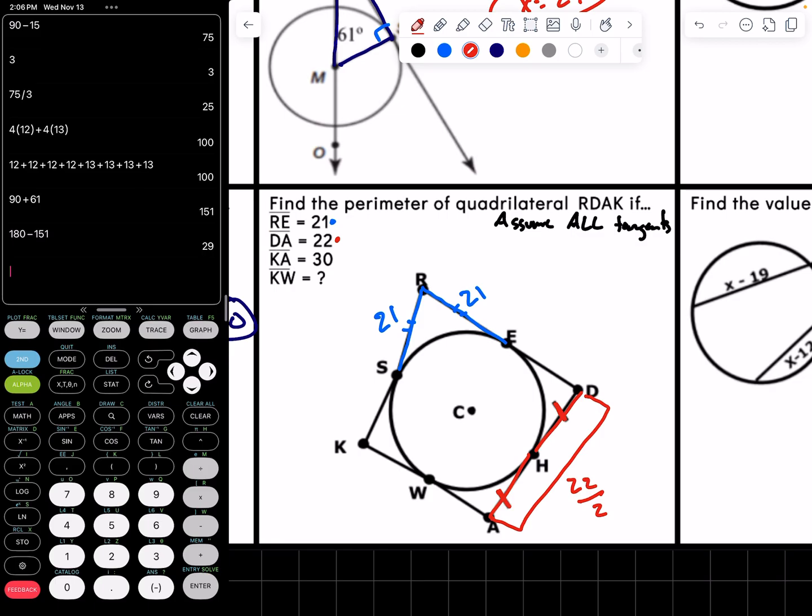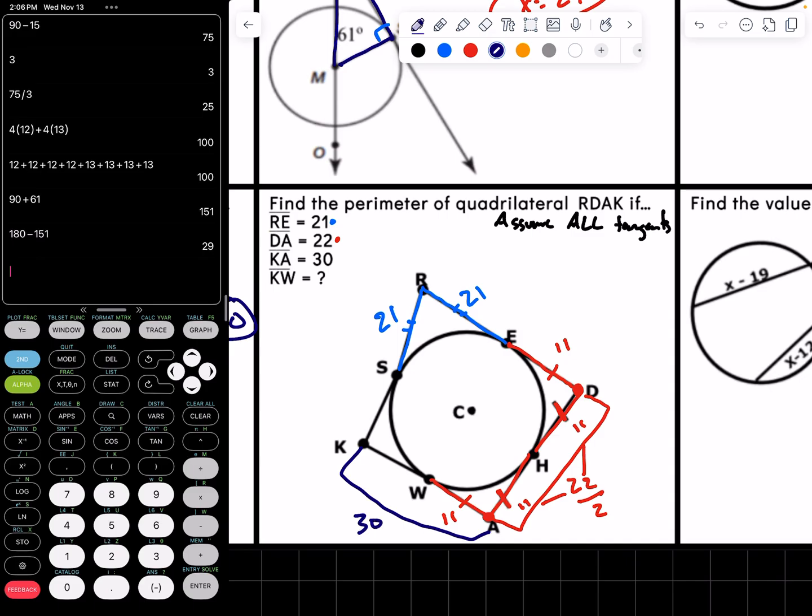So 22 divided by 2 is 11 and 11, which means DE is also 11 because it meets DH at point D. WA is also going to be 11 because it meets AH at point A. And then I can use KA, the idea that it is 30 going all the way across.